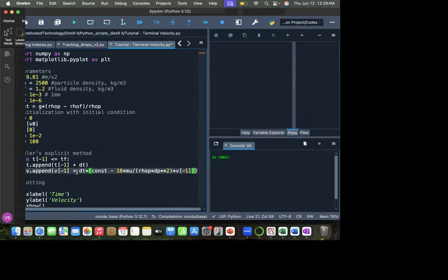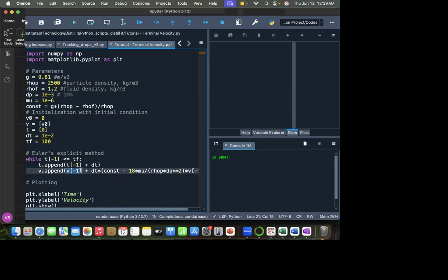That is the velocity. So this entire thing is the RHS of my ordinary differential equation evaluated at the previous iteration, multiplied by dt and added to the velocity at the previous iteration. That gives me the velocity, right?